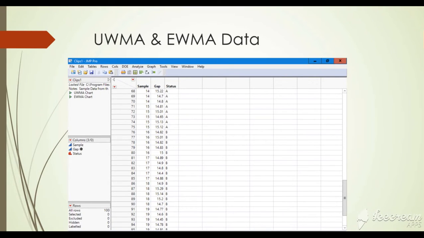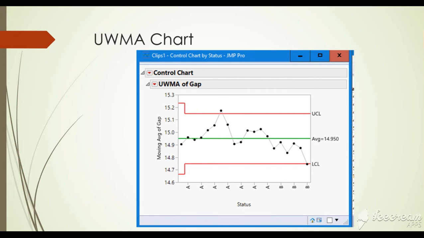Next, we're going to look at the uniformly weighted moving average and the exponentially weighted moving average. Here we have data collected of the gap of clips. What the uniformly weighted moving average shows us is the average of the gap of clips over a certain amount of samples, and here we have a sample size of 3.